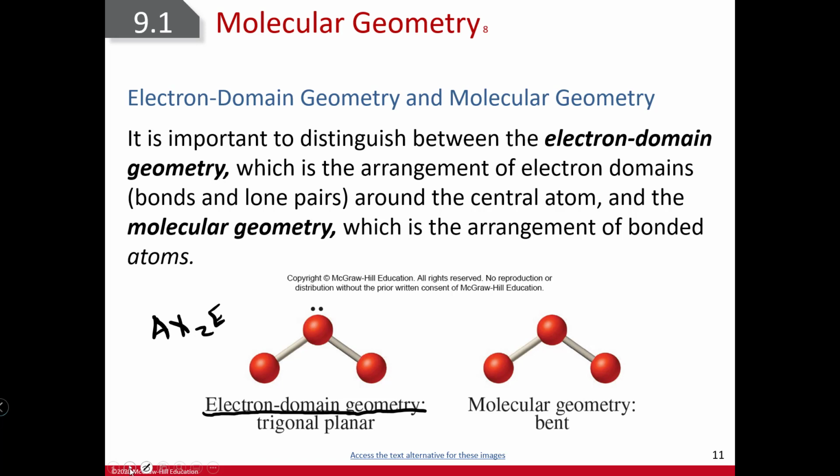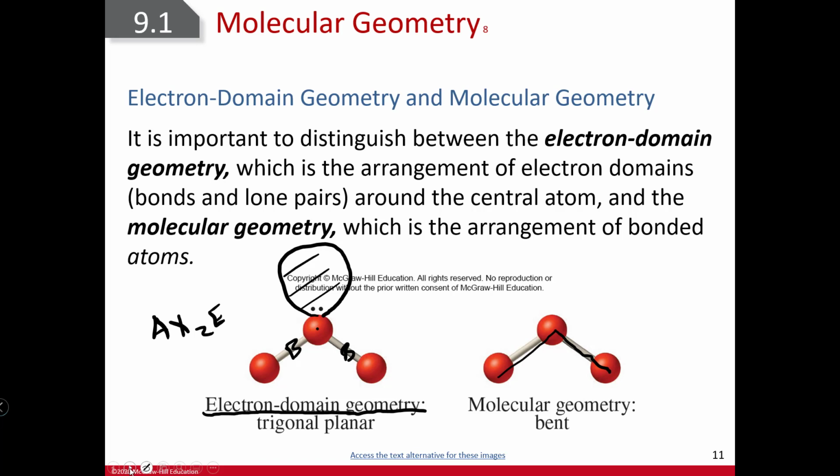This is our central atom right here, oxygen. So you've got a bonding group here, or an X, a bonding group here, and then the non-bonding group here, which we symbolize with the balloon like this. Highly repulsive. So the electron domain geometry takes into account the non-bonding or lone pairs and the bonding pairs. The molecular geometry assumes the lone pair is invisible, so we only see this part.